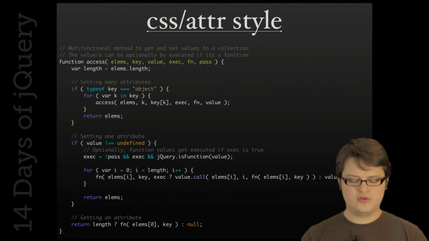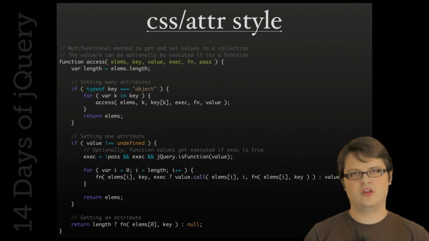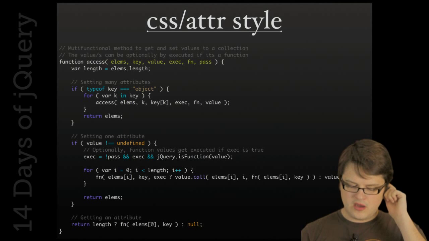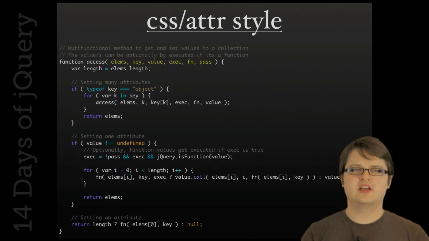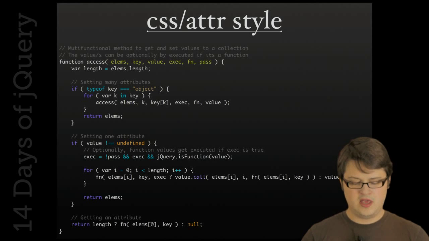And so we distilled all that functionality into this one access function that we use internally. This may be something that we'll expose at some point for plugin developers, but at least for now, we found it to be very helpful in reducing that complexity.